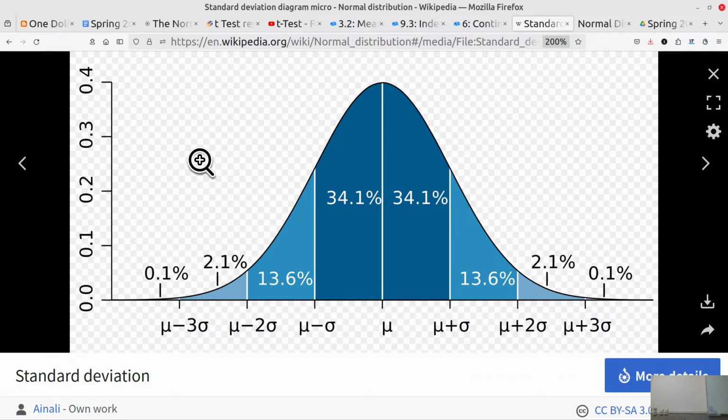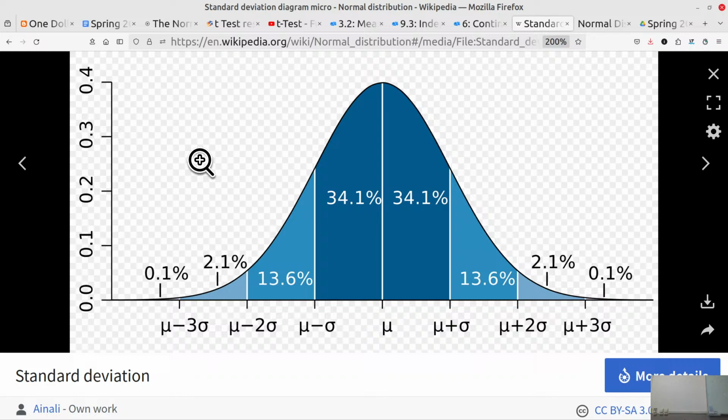In the center, we have the mean, plus 1 standard deviation, plus 2 standard deviations, and the mean minus 1 standard deviation, minus 2 standard deviations. Close to 95% of the samples are collected from this area. Outside, the right tail and the left tail, those tails are very rare.